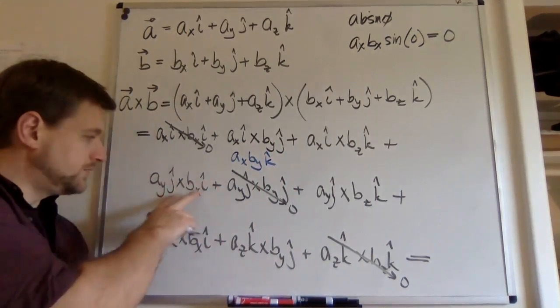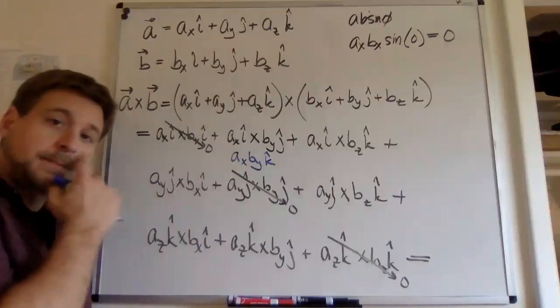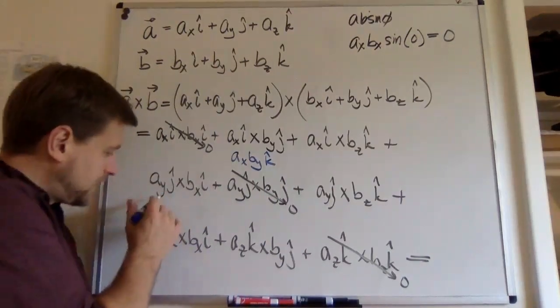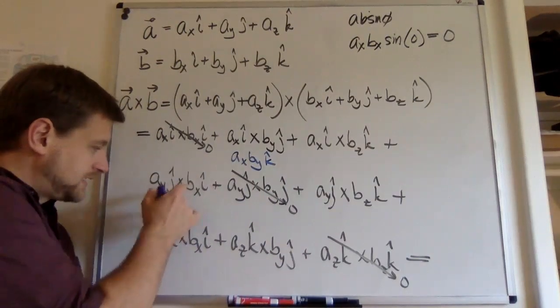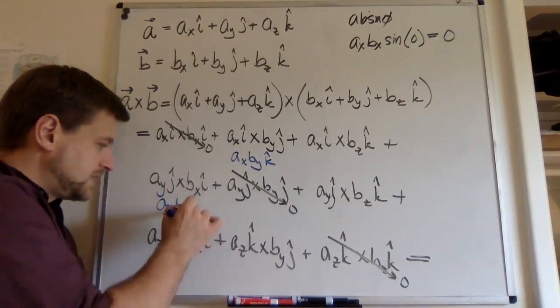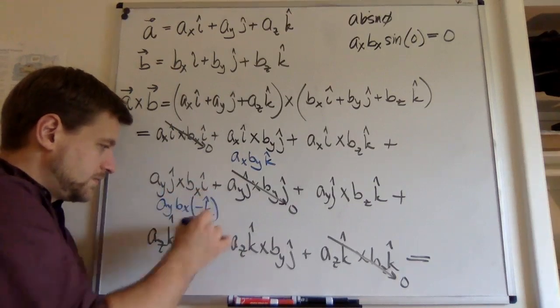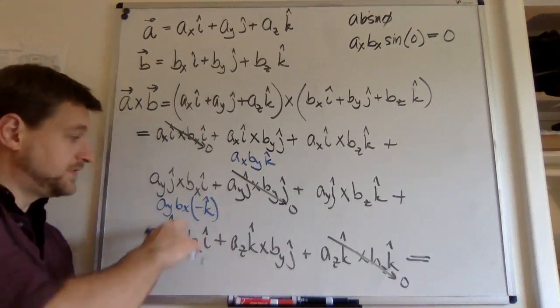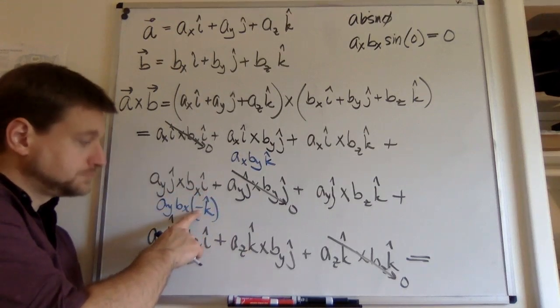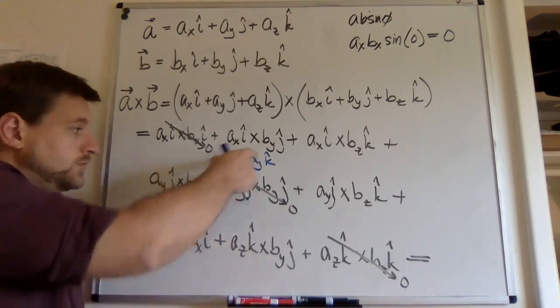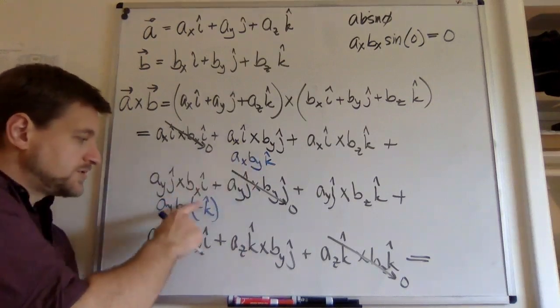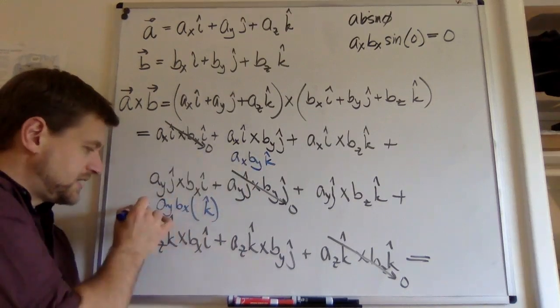It's not commutative. So it's the magnitude of the first piece, the magnitude of the second piece, times, that gets us the negative K direction. So we could combine these two terms if we put the minus sign out front.